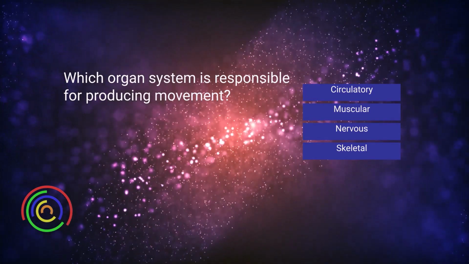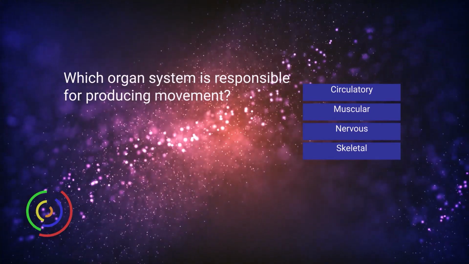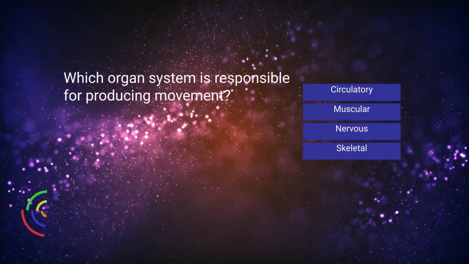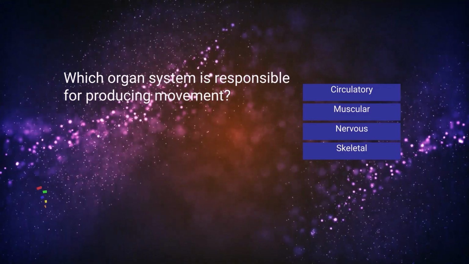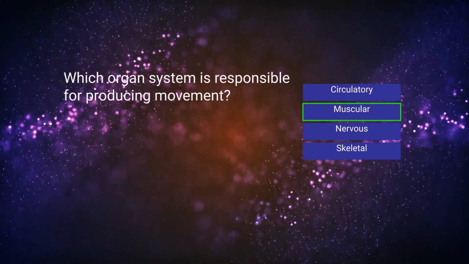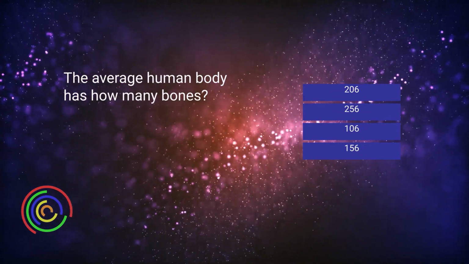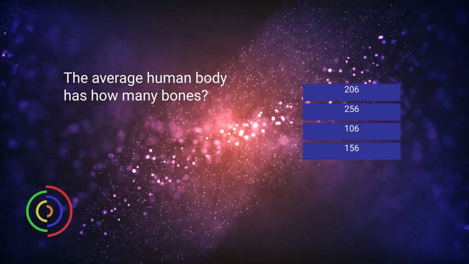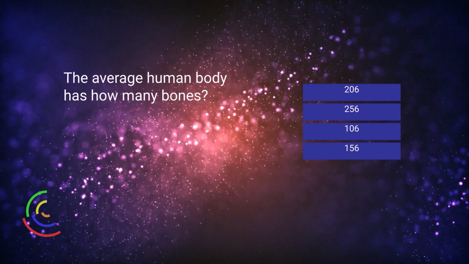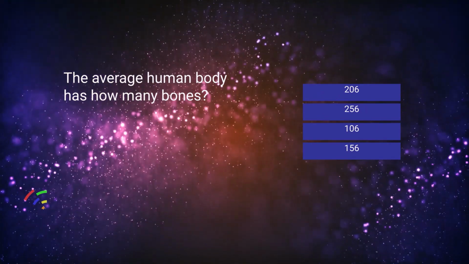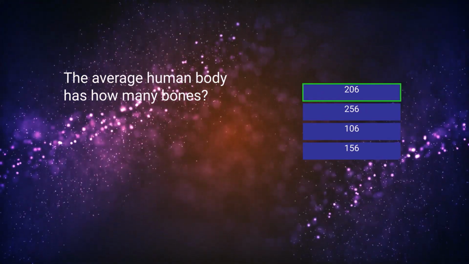Which organ system is responsible for producing movement? Muscular. The average human body has how many bones? 206.